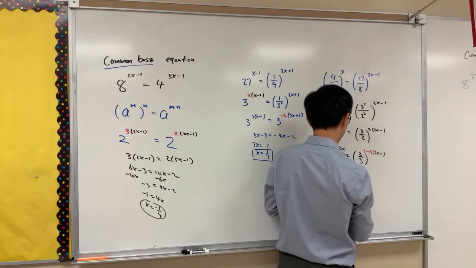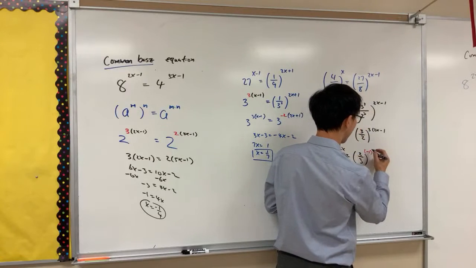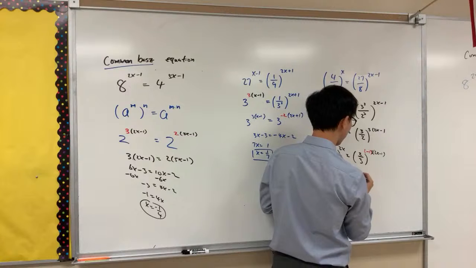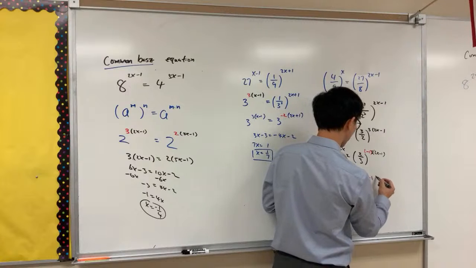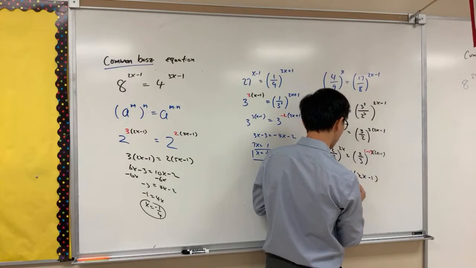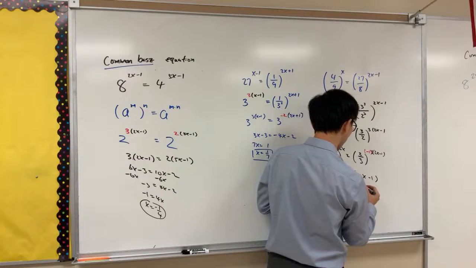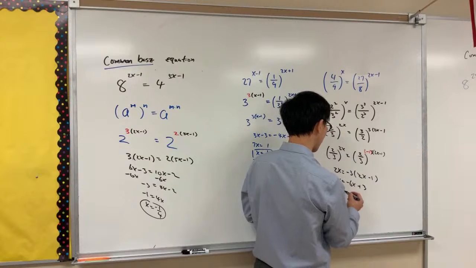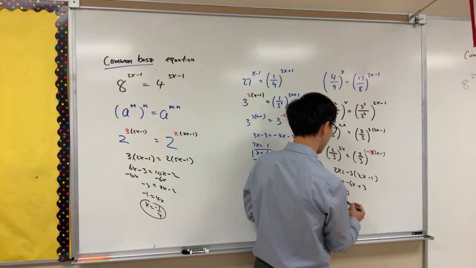So then 2x is equal to negative 3 times 2x minus 1. So it's going to be 2x equal to negative 6x plus 3. 8x equal to 3, x equal to 3 over 8.